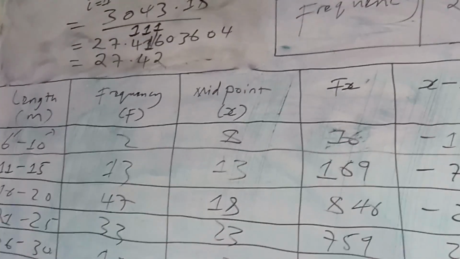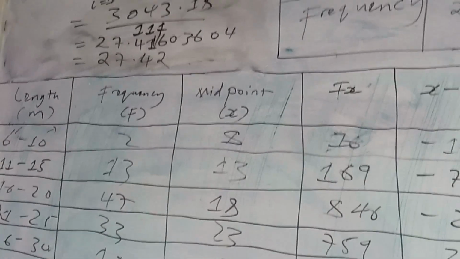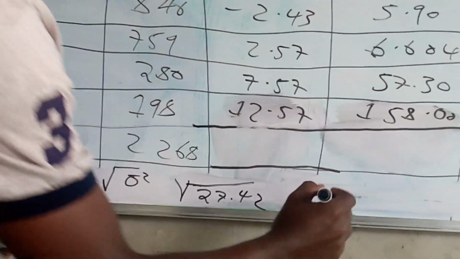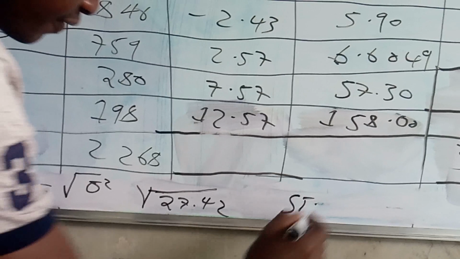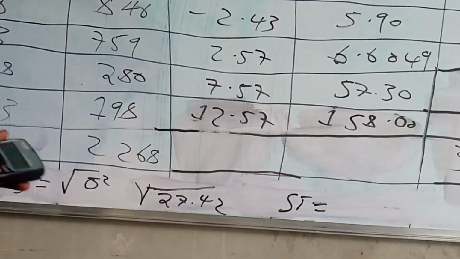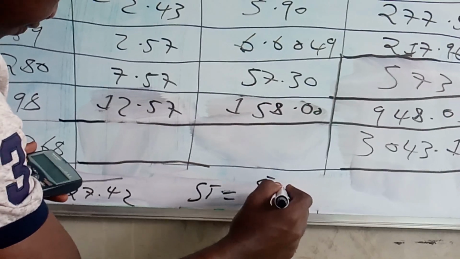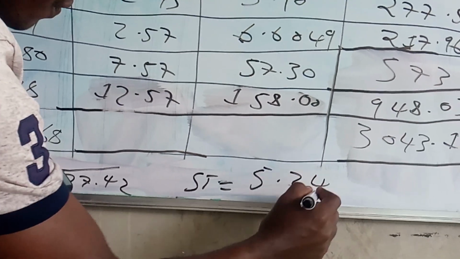So the square root of 27.42, my standard deviation, if I round off to 2 decimal places, will be 5.24.